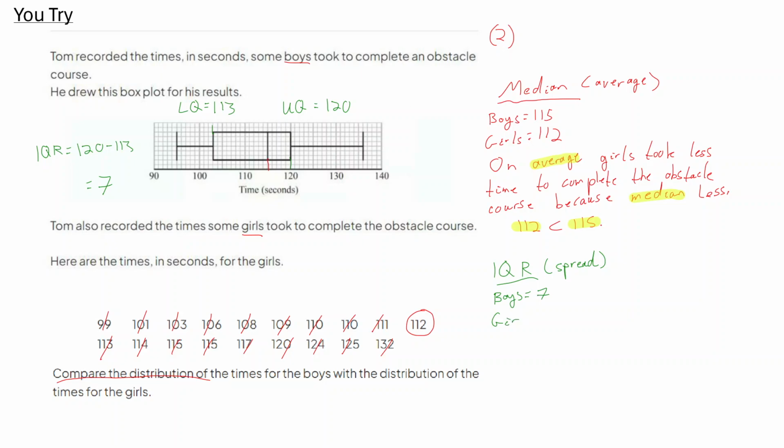Now for the girls, we've just got to go and work through our data again. Let's go and look at, so this here is our lower half of the data. So we've got to go and cross off from start. Let's make it thicker so we can see what's going on. So from the start, end, start, end, start, end, start, end.